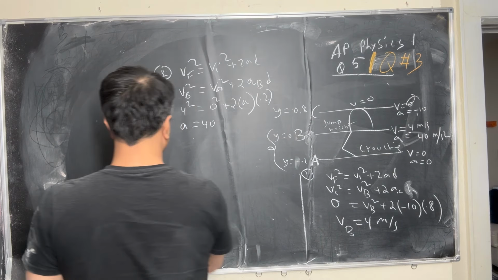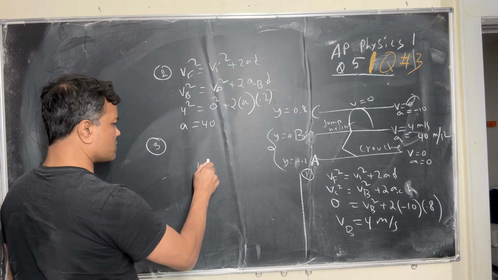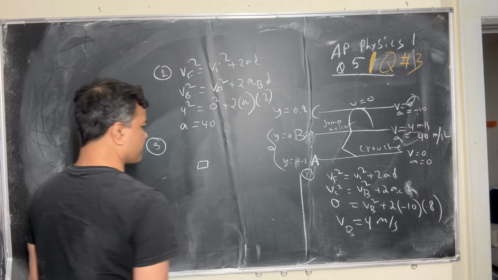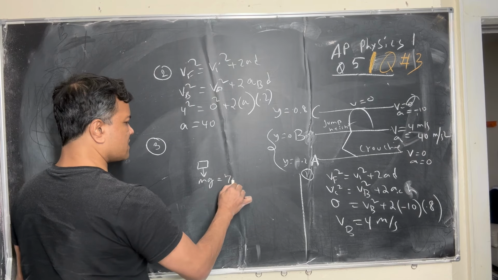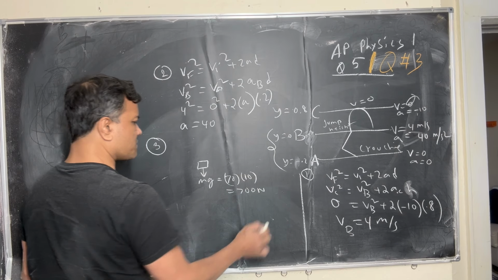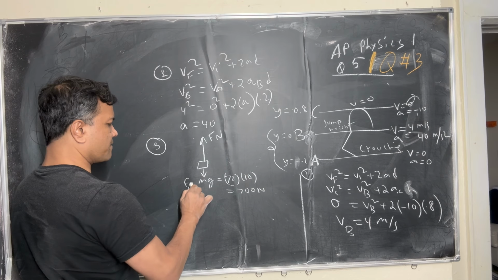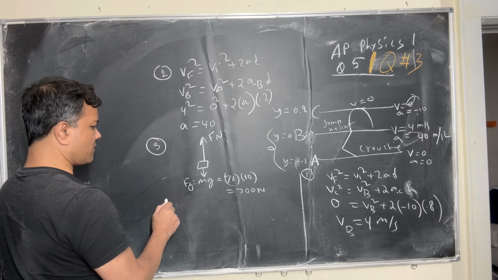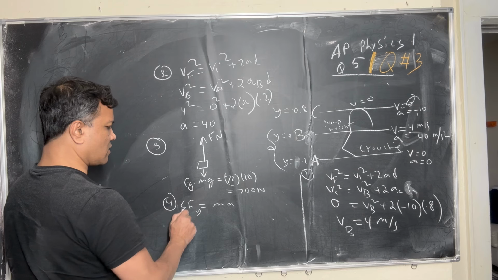Okay, now step number 3. What are you going to do? Free body diagram. So this is Mr. Barry's body at location B. This is mg. What does that mean? 70 times 10. So 700 Newton. Who is that? Mr. Barry's body. And this is Fn. This is Fg. So number 4, F equal to ma. What direction? Y direction. All the forces.